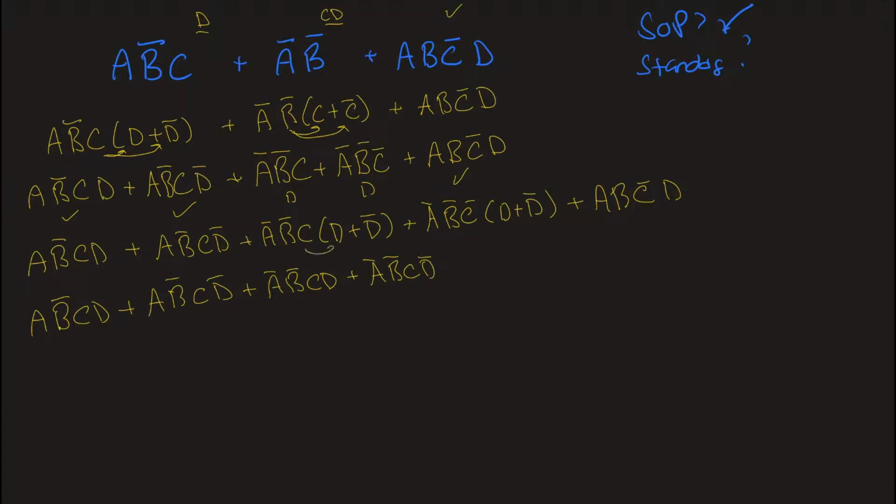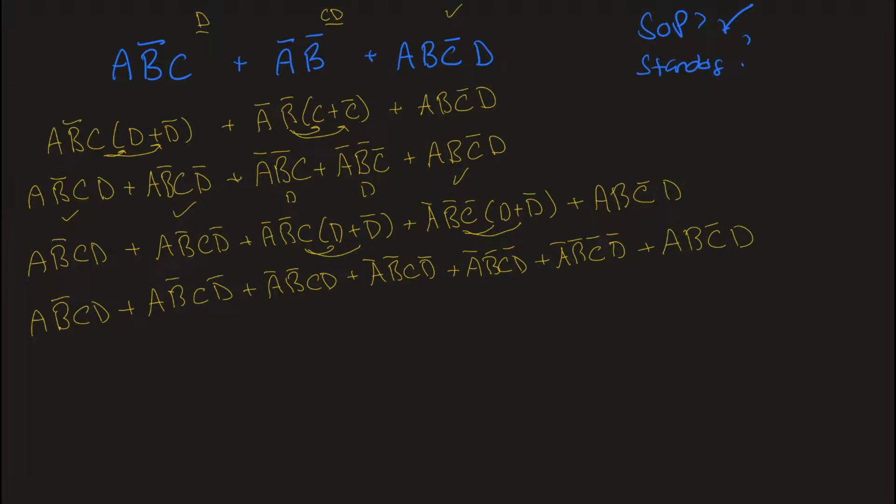So I just multiplied this times this and this times this. I'm going to do the same thing here. This times this and this times this. Or A naught, B naught, C, D. Or A naught, B naught, C naught, D naught. Or A, B, C naught, D.